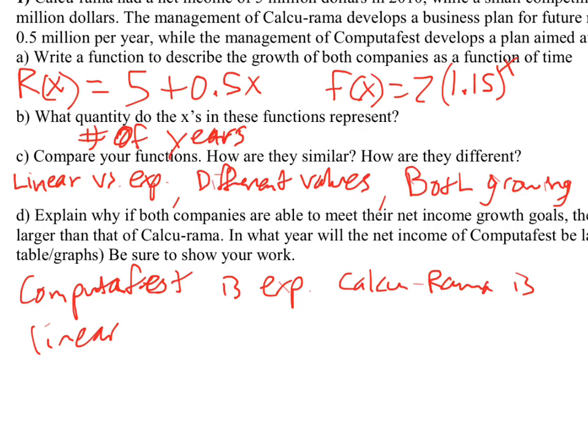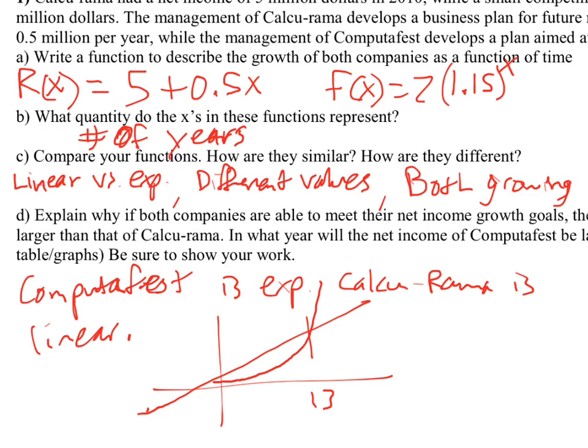And so that's really the main difference between them. If you were to graph them, Kalkurama would grow like so, and then Computer Fast would grow like so. And they actually meet after about 13-ish years. So yeah, that's just kind of differences between them.